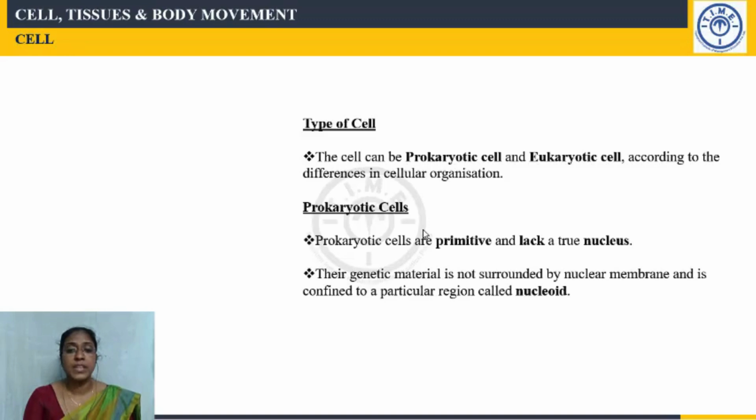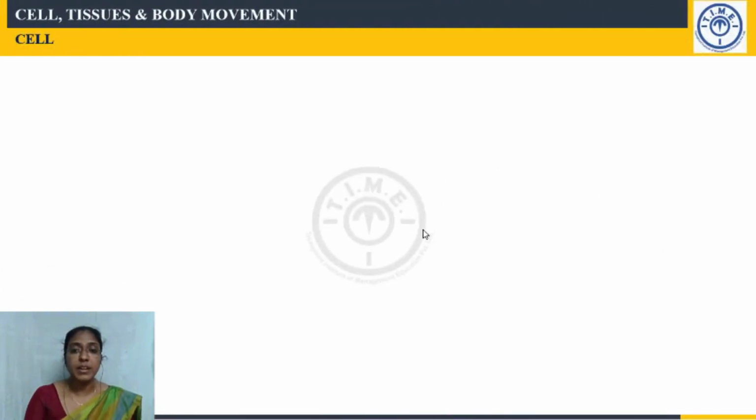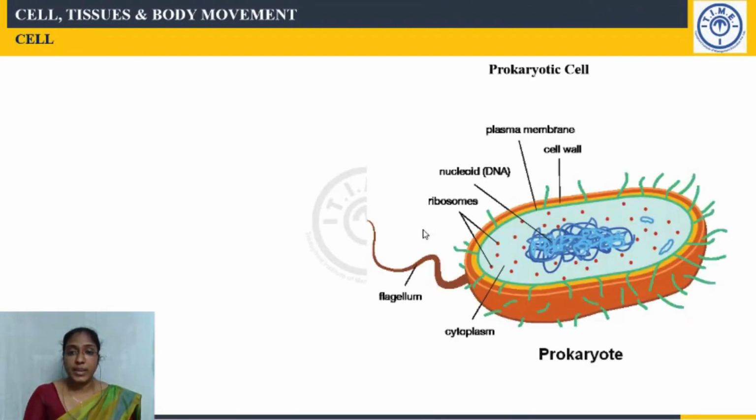Okay, then what is a prokaryotic cell structure? This is a typical structure of a bacterium. You can say bacteria is a typical example of a prokaryotic cell. What are its parts? We can see a flagellum for movement, and first of all, this is the nucleoid region.